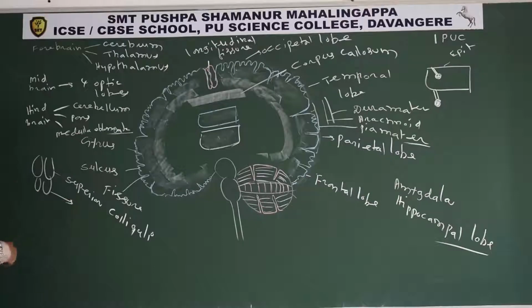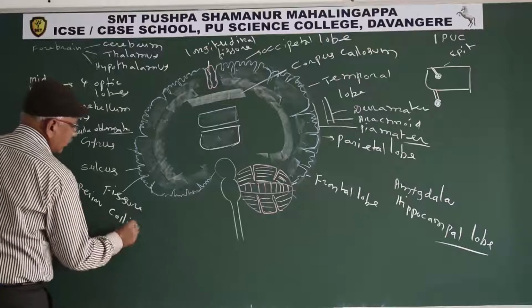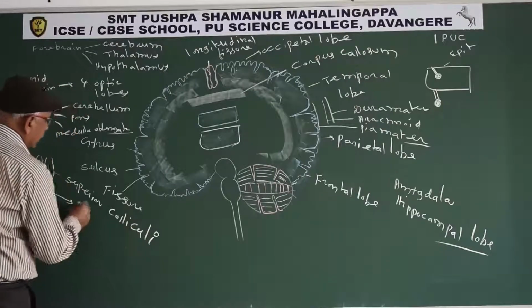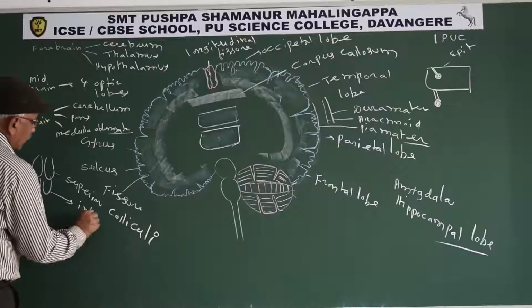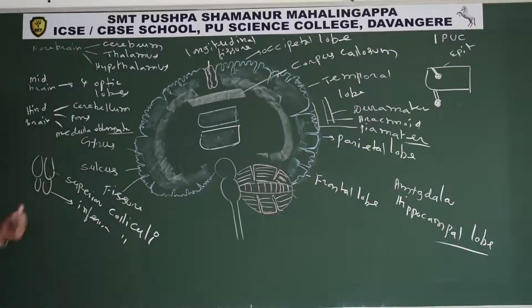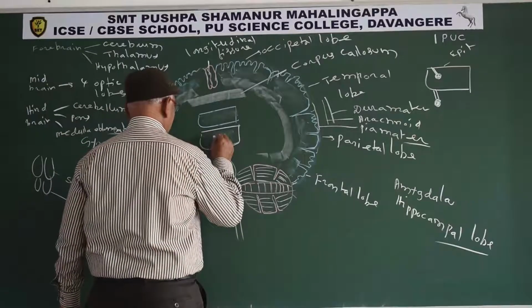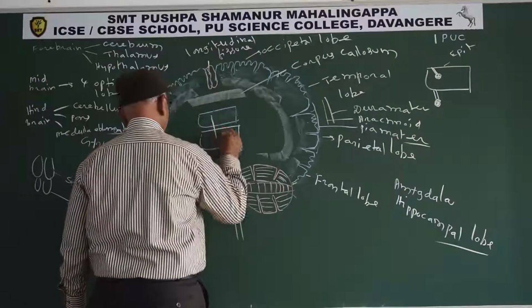Posterior small ones are known as inferior colliculi. Superior colliculi are responsible for vision, inferior colliculi responsible for hearing. On the ventral surface, two longitudinal tracts arise from the midbrain.